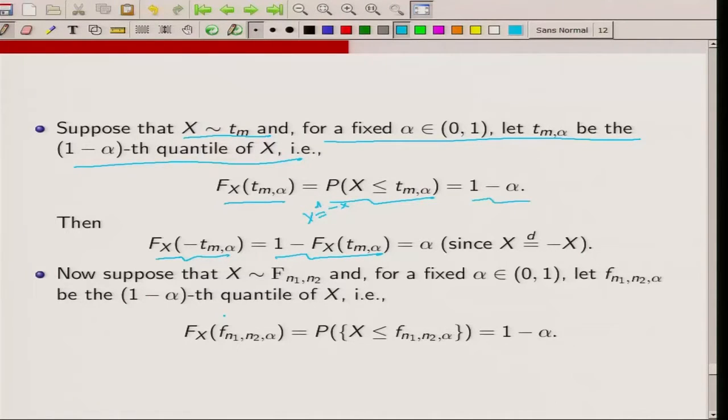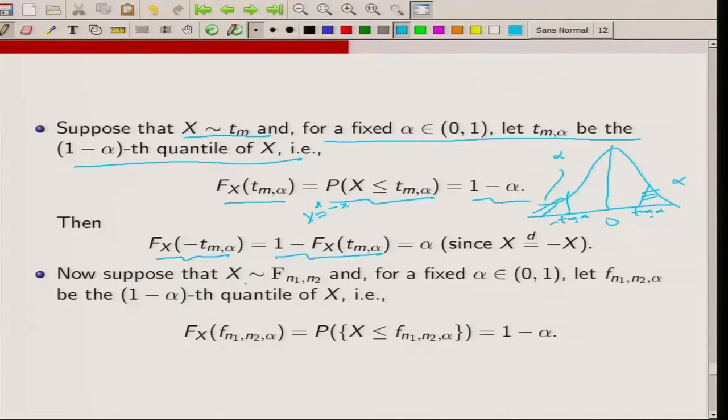So, that means if one has to get the alpha's quantile, it would be nothing but minus of 1 minus alpha's quantile. Which is all right, because if you look at T, if this region is alpha over here, this region would also be alpha, minus Tm alpha, and this would be Tm alpha.